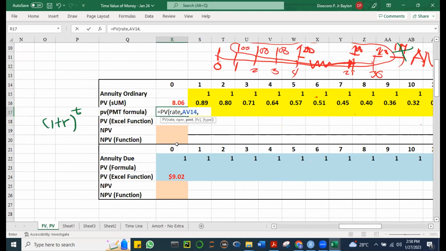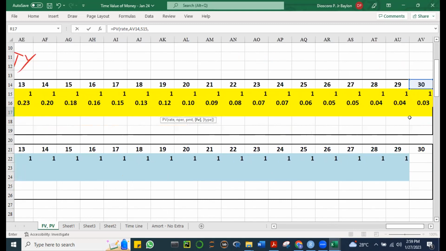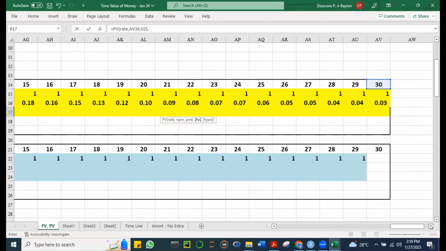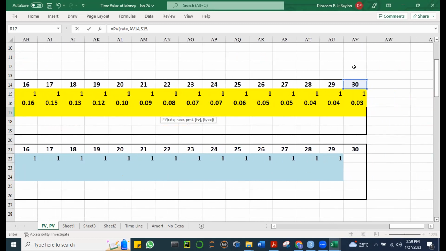Then comma. Now we can use PMT. So it's an annuity of 1, right? And then comma. Is there any other cash flow aside from this one? Because I said a while ago, we can have a cash flow at other periods.